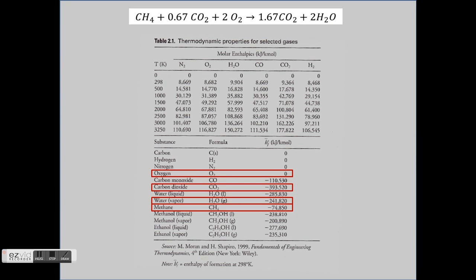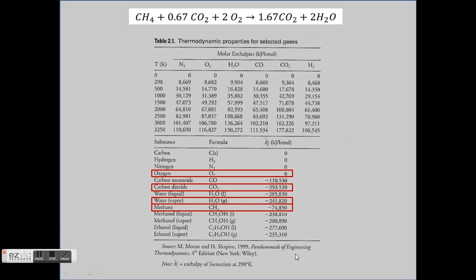So I've just produced Brown's table here, and this is our equation. So this is our product. You come to this table: CO2, carbon dioxide, this is your value, and then water, which is a vapor here because this is combustion.